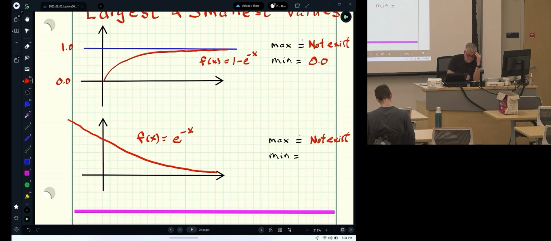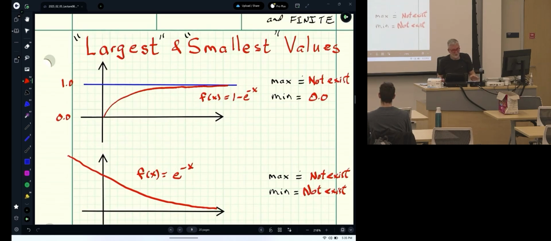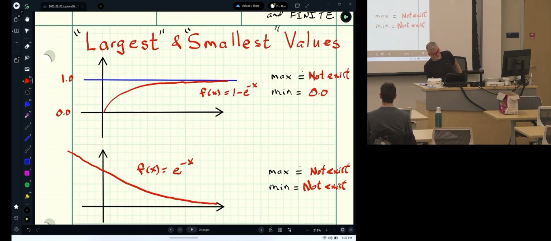And the minimum value, it's getting closer and closer to 0, but it never achieves it. So it doesn't exist either. So that's a bummer. Okay.